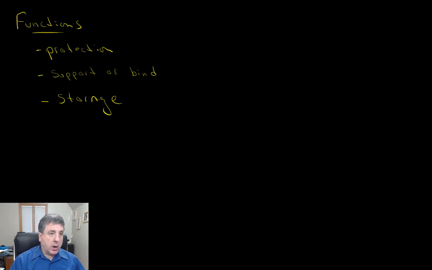Okay, you can transport stuff. Transport, that would be like your blood. You can transport oxygen. Waste products, carbon dioxide, you can transport glucose, you can transport amino acids. So transporting is another function of it.